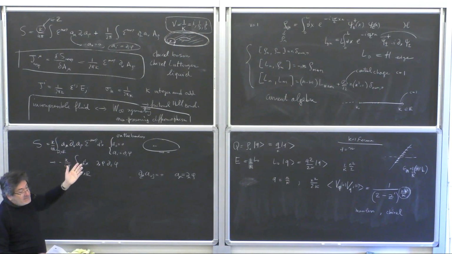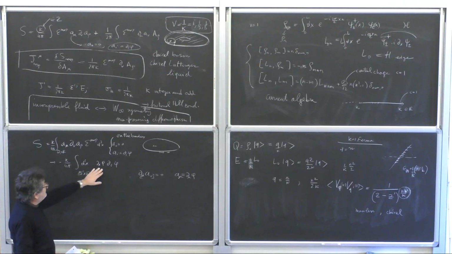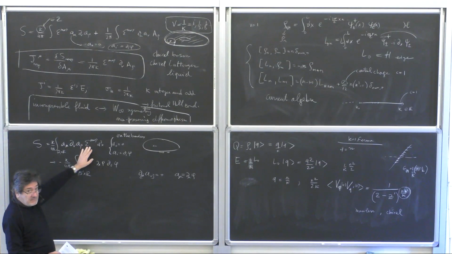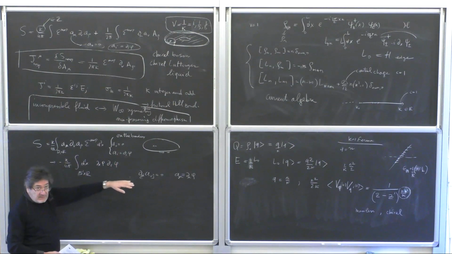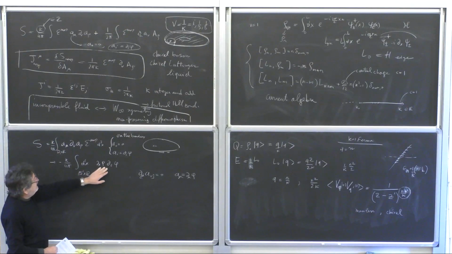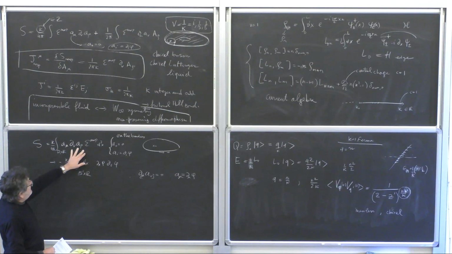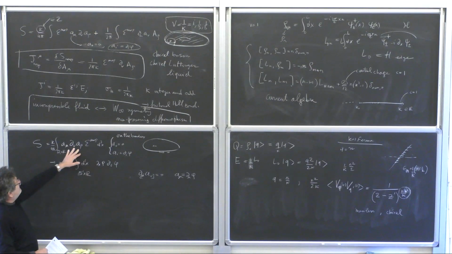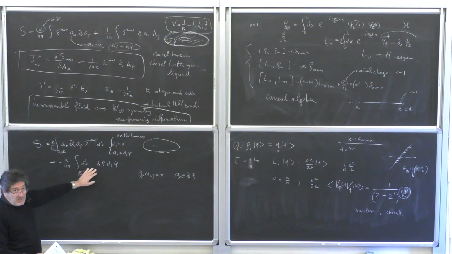Another possibility is to say, okay, I have this extra field on the boundary, and the action combined of the boundary and the bulk should be gauge invariant, because there is conservation of charge between bulk and boundary. So you put this action, and then you do a gauge transformation, and this is not gauge invariant, as you see, and then you add this piece on the boundary to make it gauge invariant.